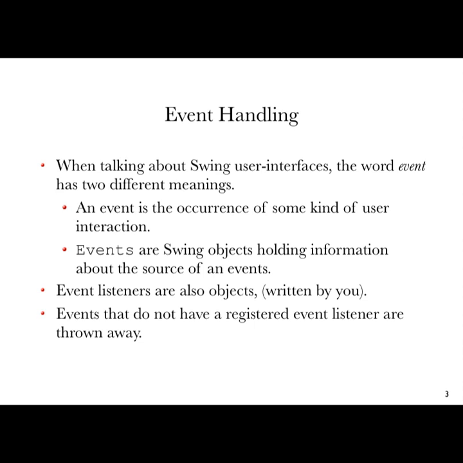So you create these event listeners and make them active and remove them from the system according to where you are in the program. So if a window pops up and says, do you want to save or cancel, then you need to create two event listeners at that point corresponding to the actions you want to happen when you click the save button and when you click the cancel button.